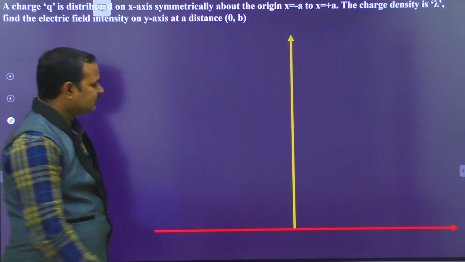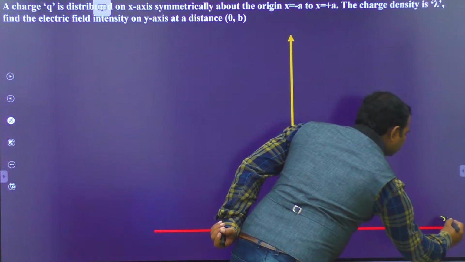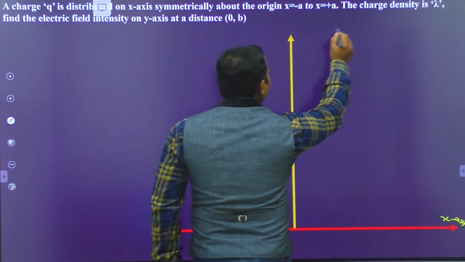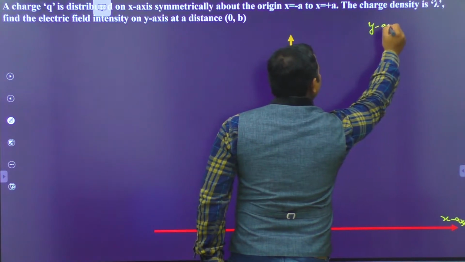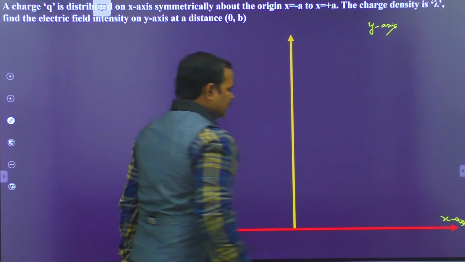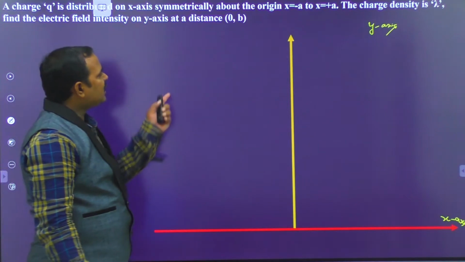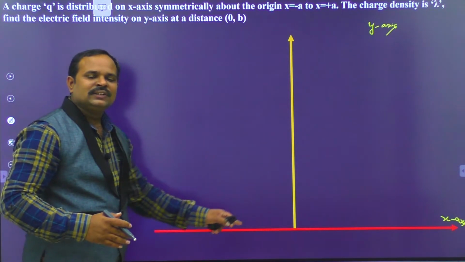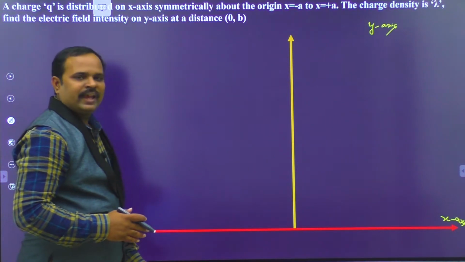This is the x-axis. This is the y-axis. Now as per the question, there is a charge Q distributed along the x-axis from minus a to plus a, like this.